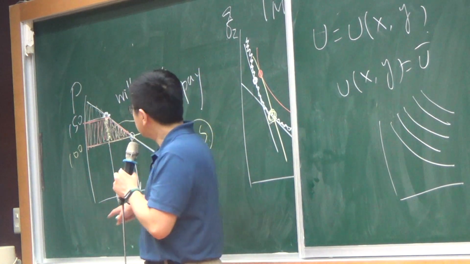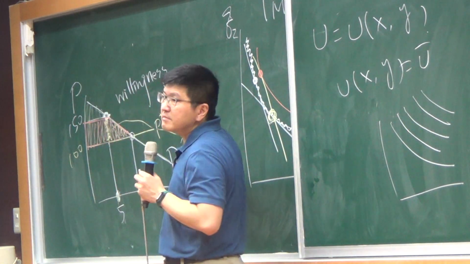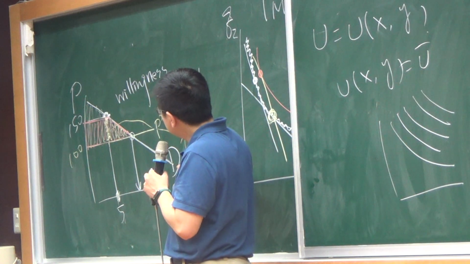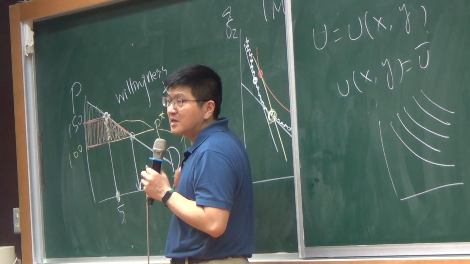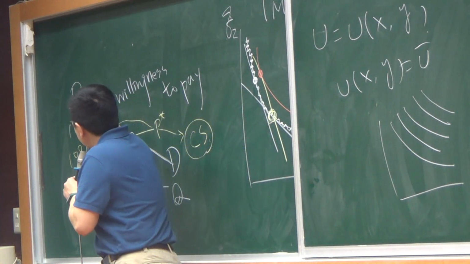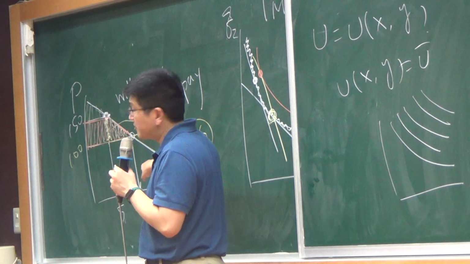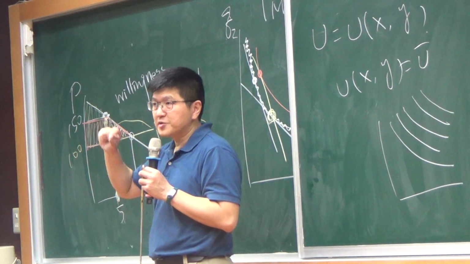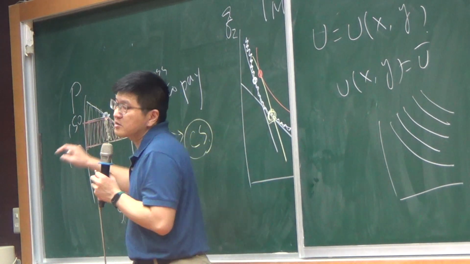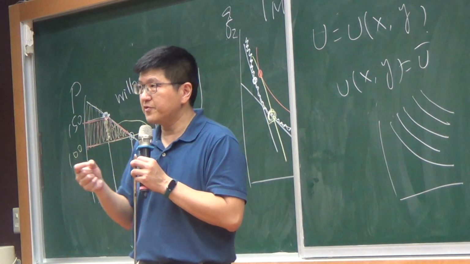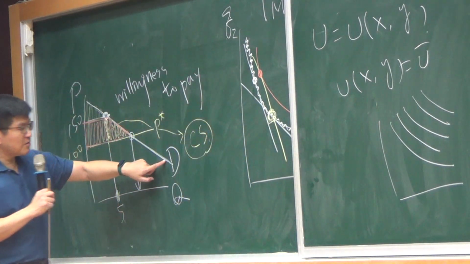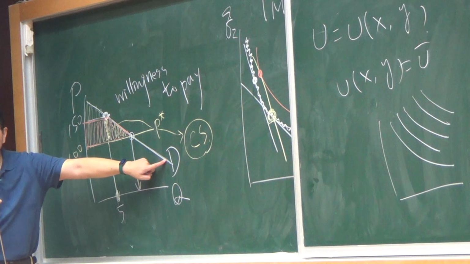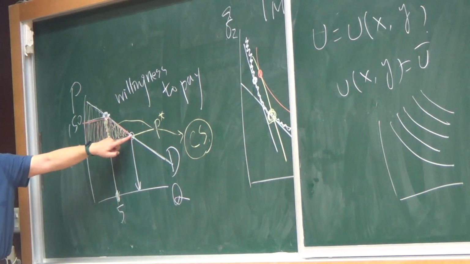do you remember this common demand curve? We call it the Marshallian demand curve. For each point on the curve, they correspond to a different level of utility, right? So do you think this one is better, or this one, or this one?